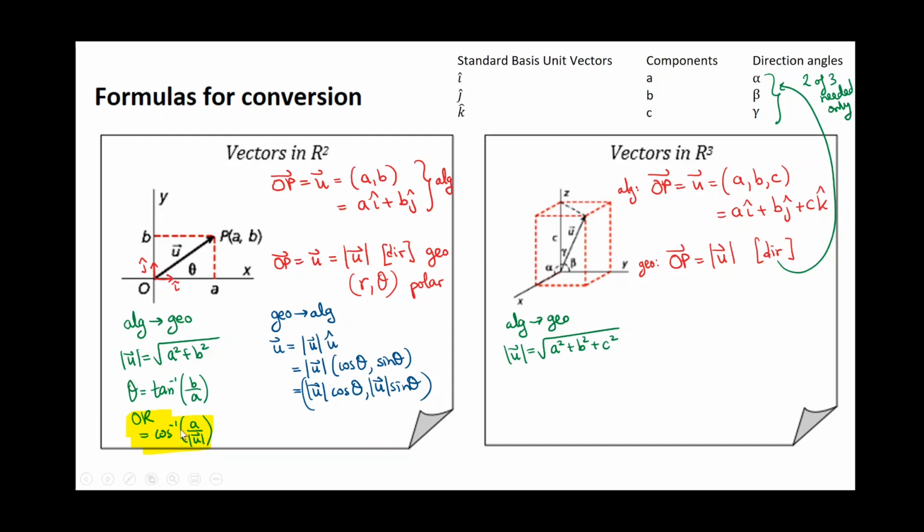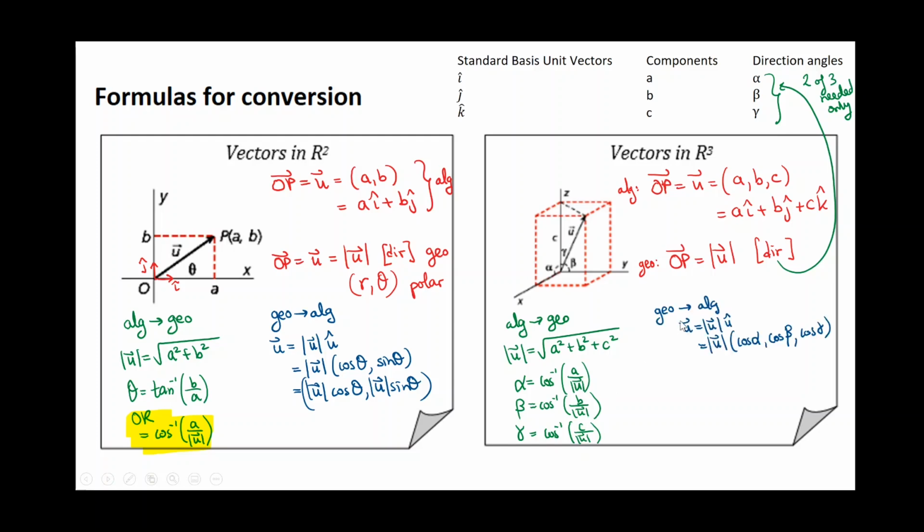So that could have been our formula. Now we're going to use cosine always for 3 dimensions. You'll see the reason behind that as well when we do an example. So alpha would be cosine inverse of a, the first component over its magnitude. Beta would be the second component, b over the magnitude, and so on.